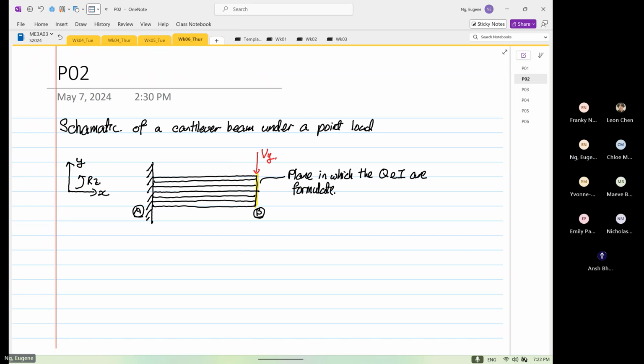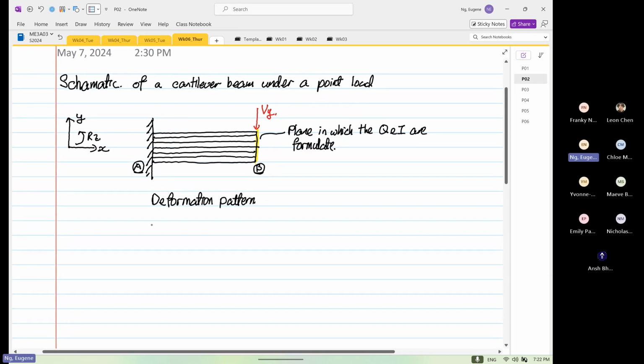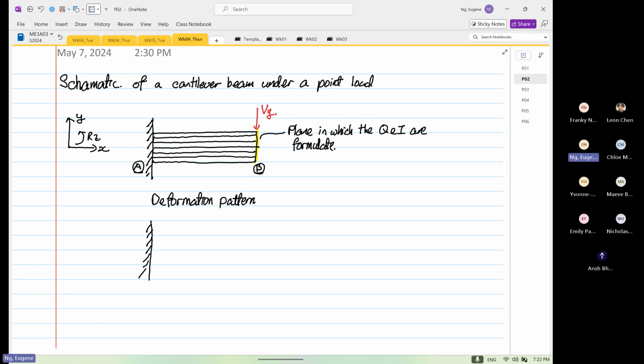When you have a shear force applied on the end, next we look at the deformation pattern. So point A. How will the structure deform? The structure will deform this way.